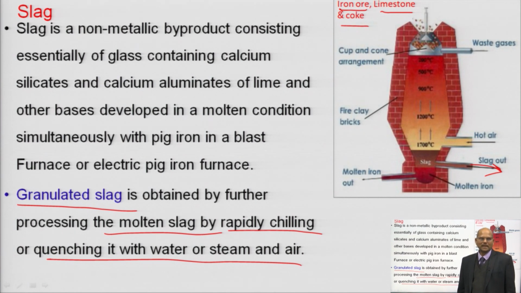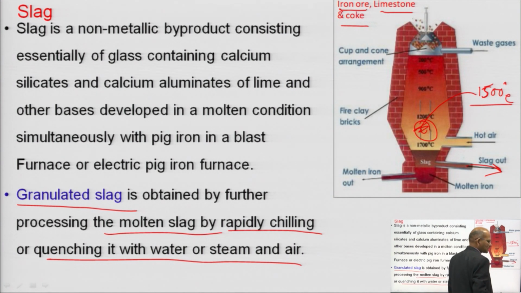Their size will be about 4 mm on average, just like sand. You have to take it out from here and chill it suddenly. Here, the fusion temperature should be around 1500 degrees centigrade, then only can you get the proper slag.